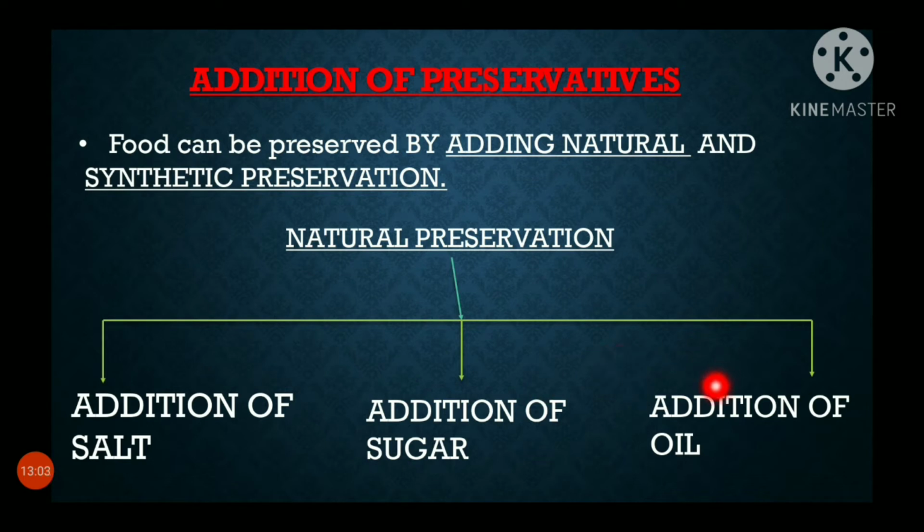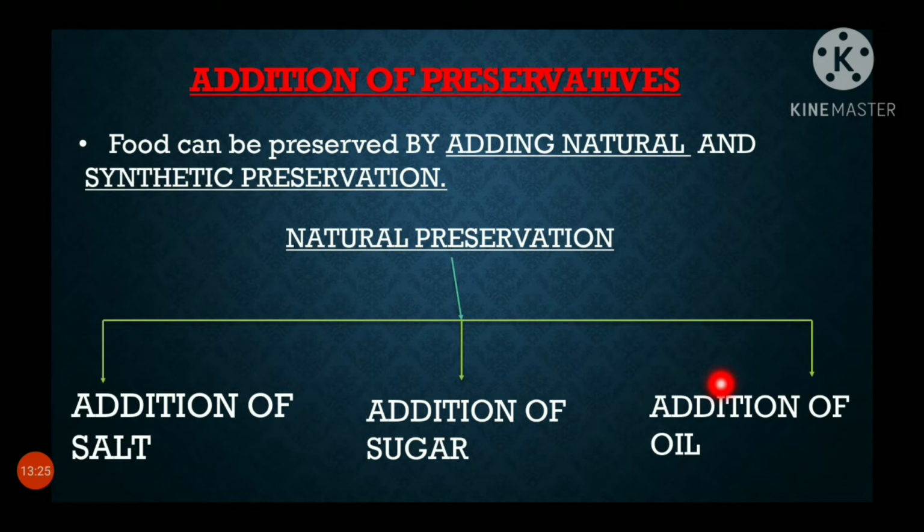Addition of oil. Addition of oil in pickles, mango pickle, lemon, prevents the contact of air with the food. Hence, microorganisms cannot grow and spoil the food. What happens is, due to the oil layer on the top of the pickle, the air cannot enter into the pickle inside.